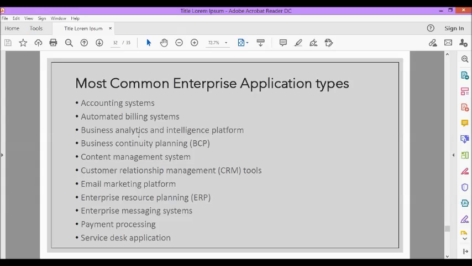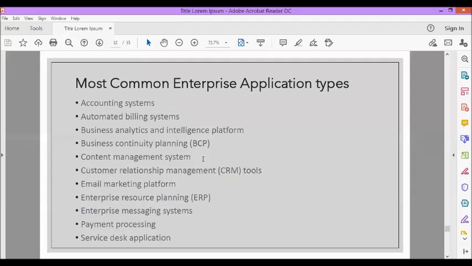Business analytics and intelligence platform enable enterprises to build business intelligence applications by providing capabilities such as online analytical processing, information delivery such as reports and dashboards, and platform integration. Next is the BCP or Business Continuity Planning, the process involved in creating a system of prevention and recovery from potential threats to a company.